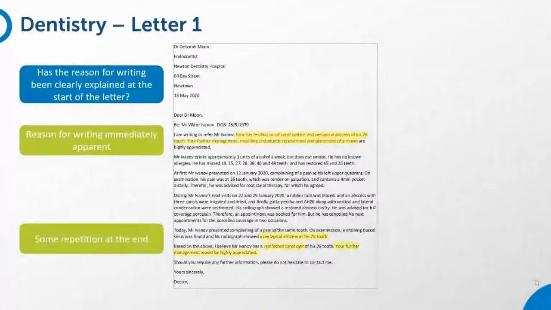And what we can see at the end of this letter is some repetition of details in both locations. So the periapical abscess is mentioned twice, the reinfection of the canal system is mentioned twice, and further management is mentioned twice. And this is unnecessary doubling up for the reader.